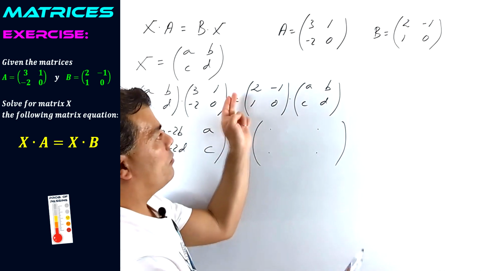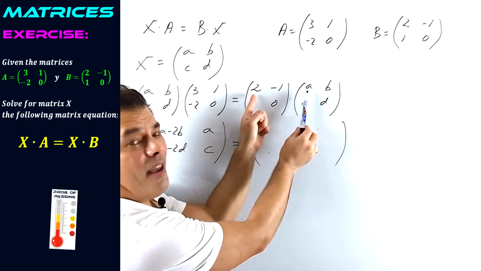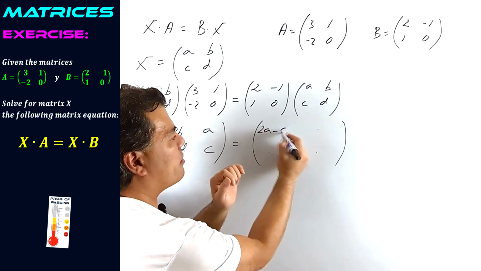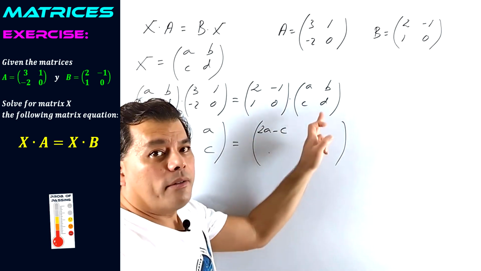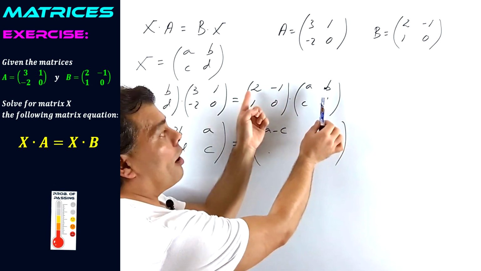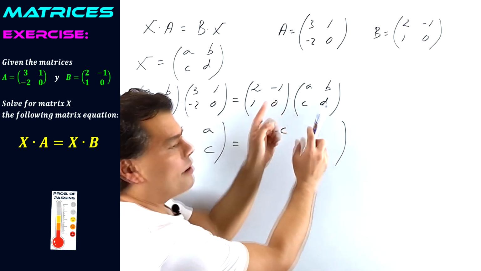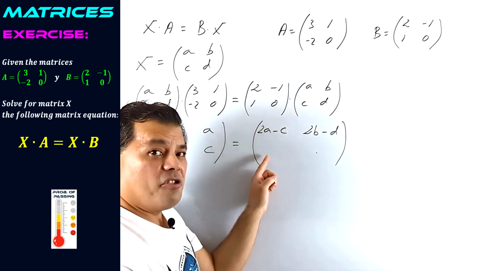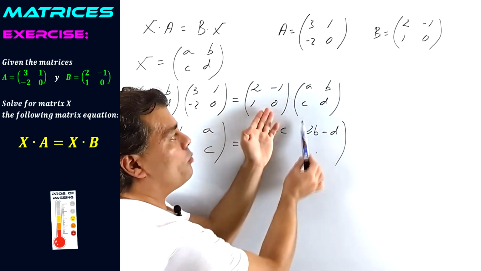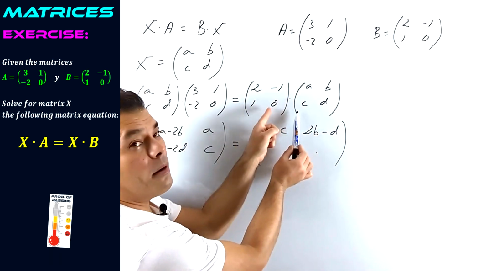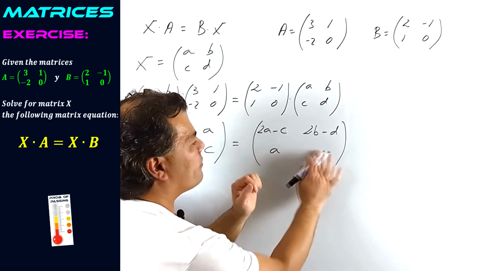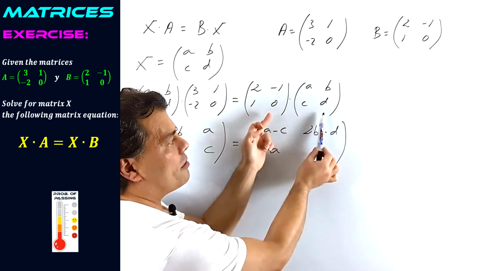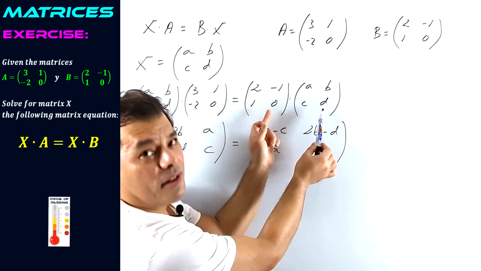Position 1, 1, row 1, column 1: 2A minus C. Position 1, 2, row 1, column 2: 2B minus D. Position 2, 1, row 2, column 1: A plus 0, A. And finally, position 2, 2, row 2, column 2: B plus 0, B.